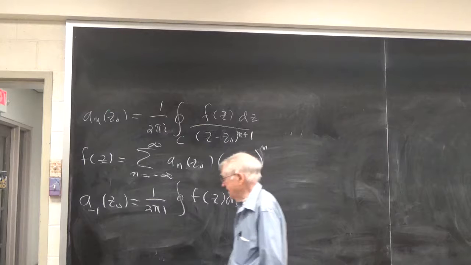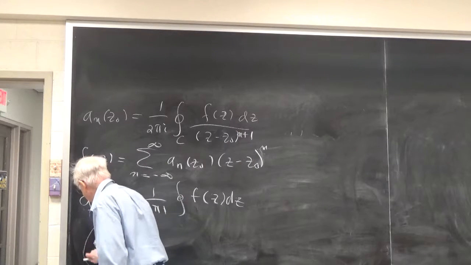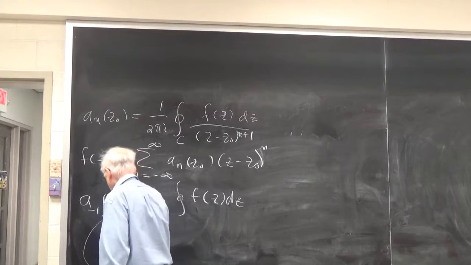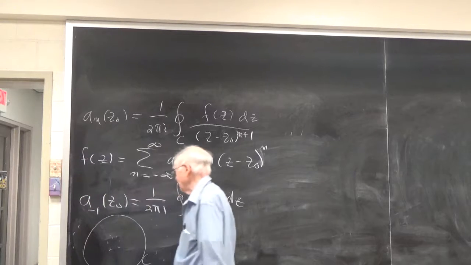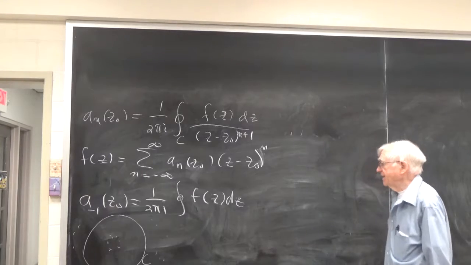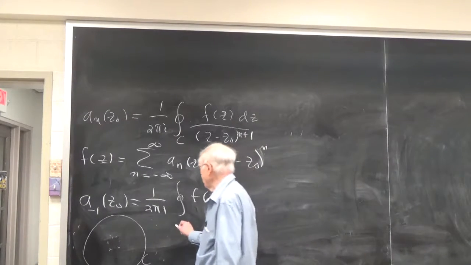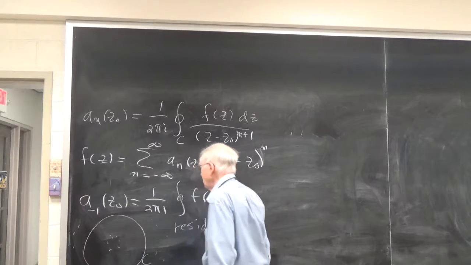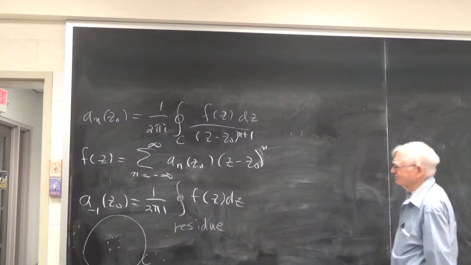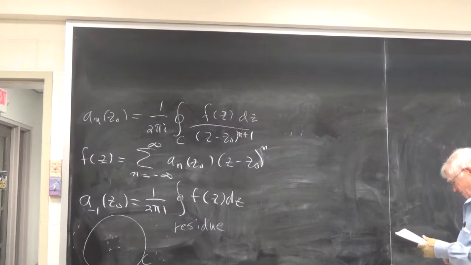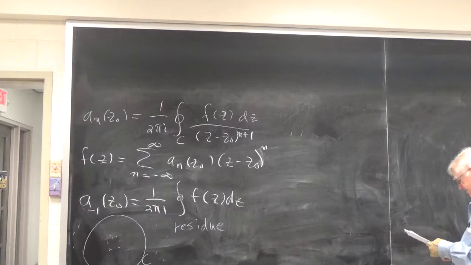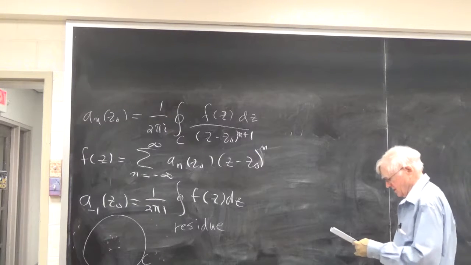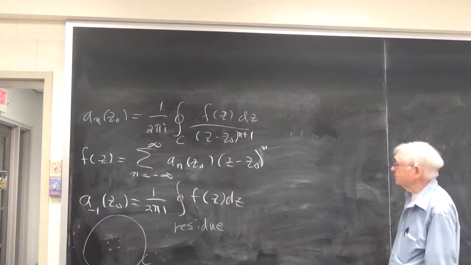But we're considering the case where this is the contour C, and there are some singularities inside and some outside. And so then this is called the residue. And many treatments of complex variable theory make a big deal of residues and of something called the residue theorem. I don't quite know why.